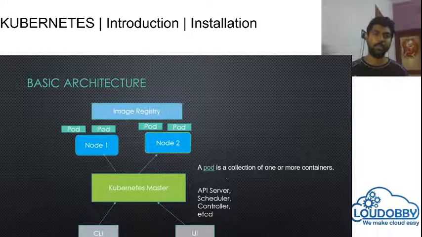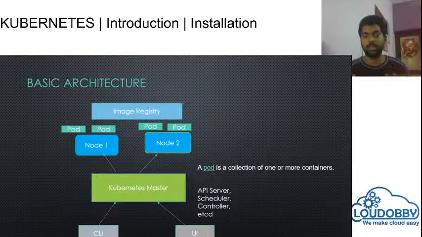It is the virtual or logical boundary for your containers. It creates a logical boundary from one container to another. A pod with two containers creates one boundary, and a pod with three containers creates another boundary.